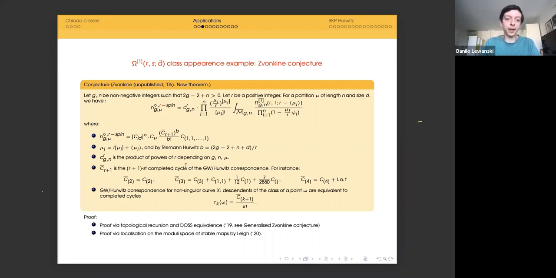And in fact, the main point of these completed cycles is that they are related to the Okounkov-Pandharipande Gromov-Witten/Hurwitz correspondence. So they are exactly the algebraic objects that you need to give to Hurwitz theory in order to equate Hurwitz numbers to correlators coming from Gromov-Witten theory of the equivariant P1 target.